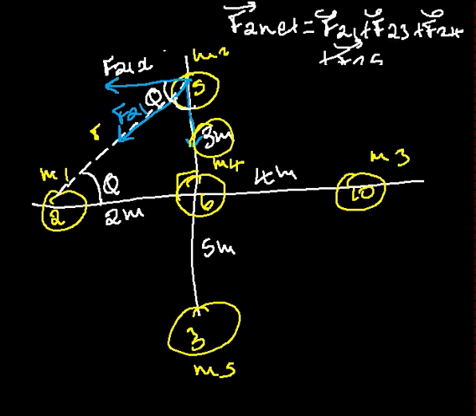That is between mass 2 as well as mass 3. In the same way, we connect the two masses like this, and the force is from mass 2, like this.